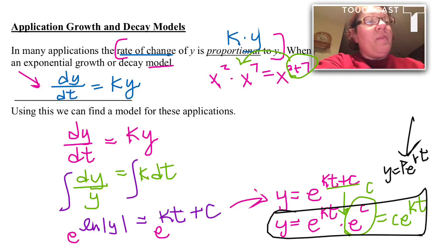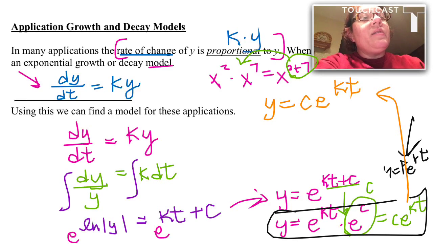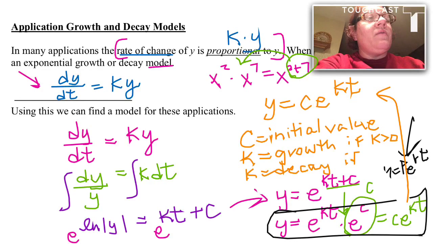And just as a couple of reminders, when I'm looking at that formula, C is an initial value, just like in PERT. P is your initial value, and K is either the growth constant, if it's positive, or it would be a decay if it's negative.